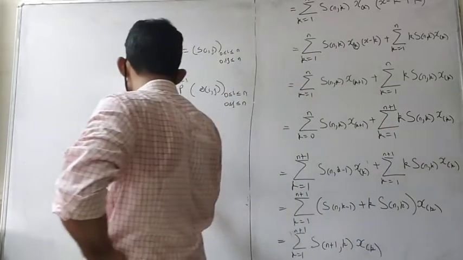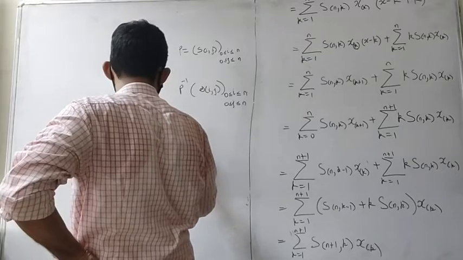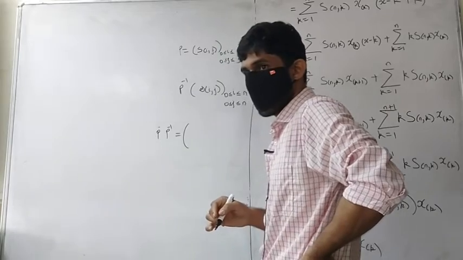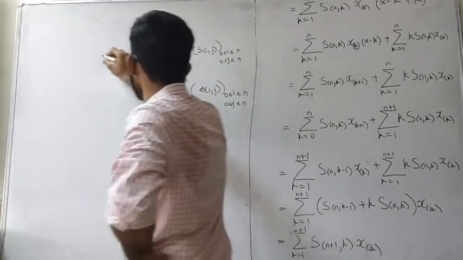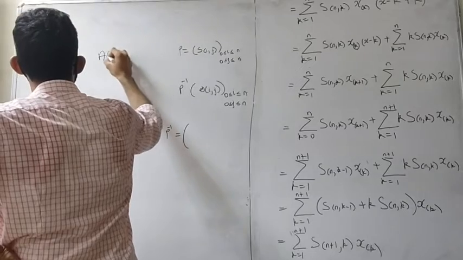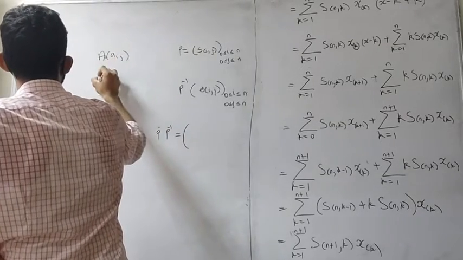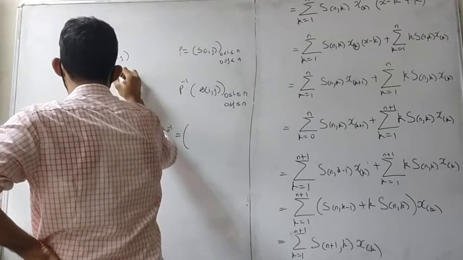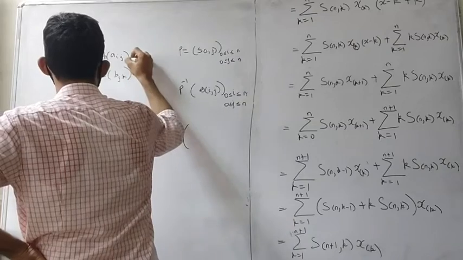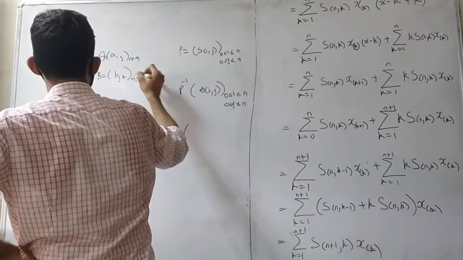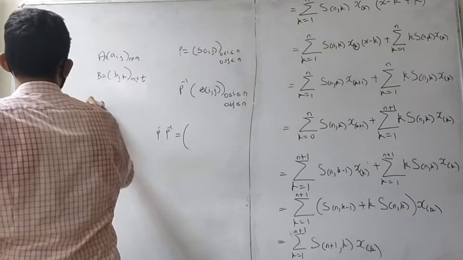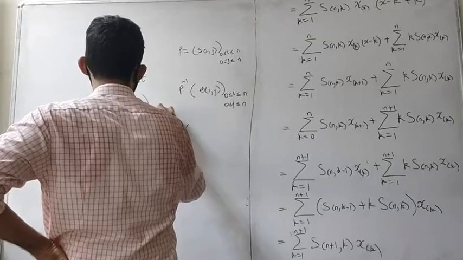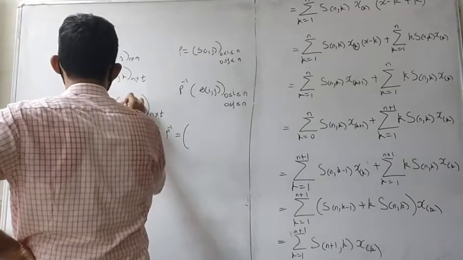So when I look at P times P inverse, what is the definition? What are the elements of this? If A is a_ij and B is b_jk, n cross m and m cross t, what will be AB? This will be an n cross t matrix, and what will be the elements of this?